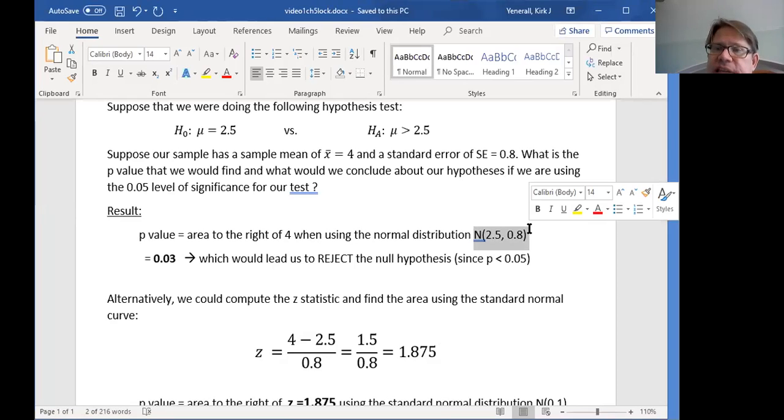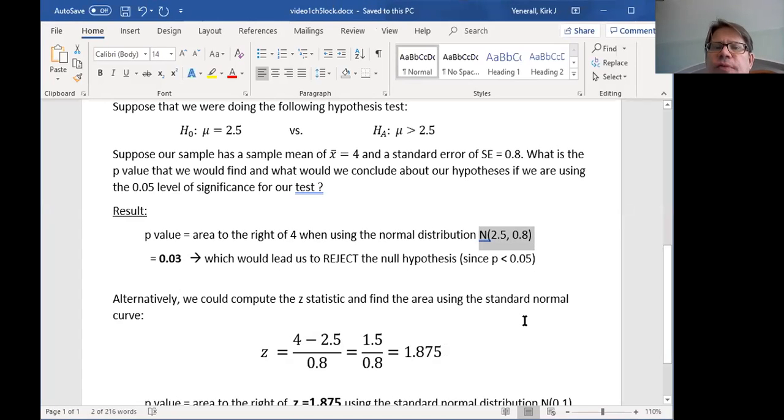But if we're going to use the standard normal curve, we have to use the standardized z-statistic. So we'll compute the z-statistic from the values in the problem, and then use that z-statistic with our standard normal curve to find our p-value. Two different ways for finding the p-value, two different ways for helping to resolve the result of the hypothesis test.